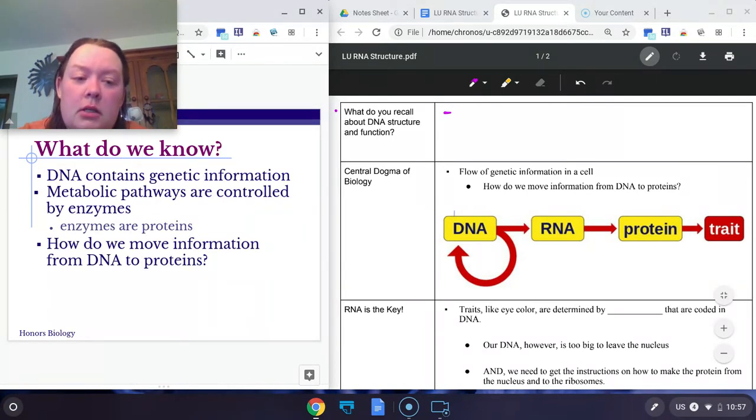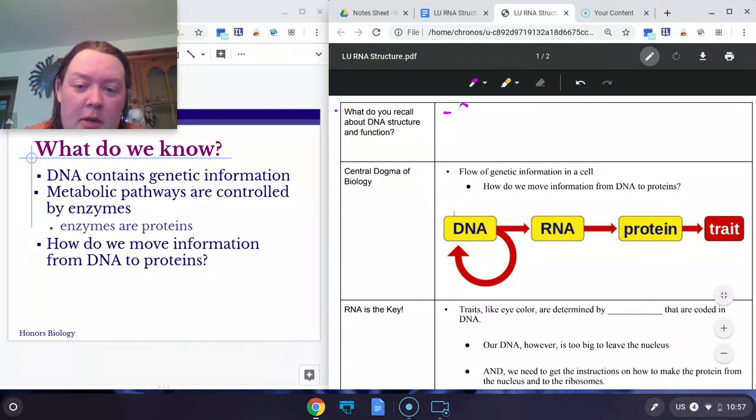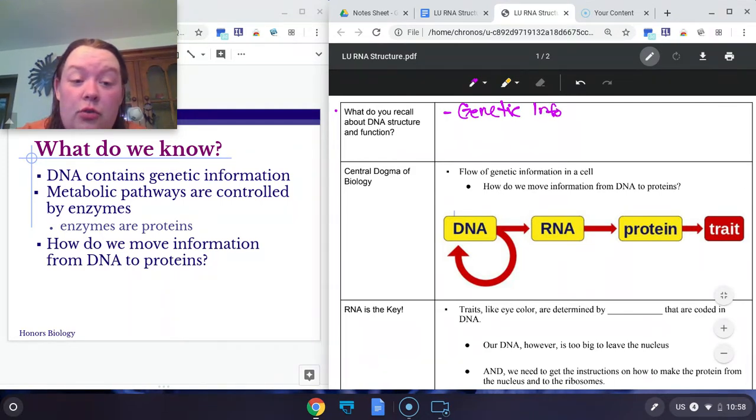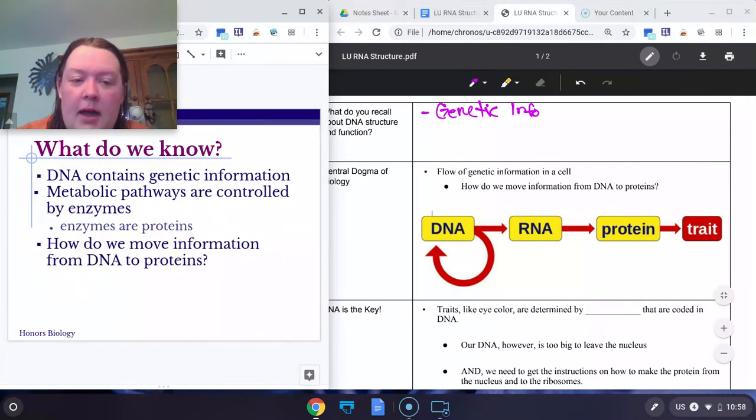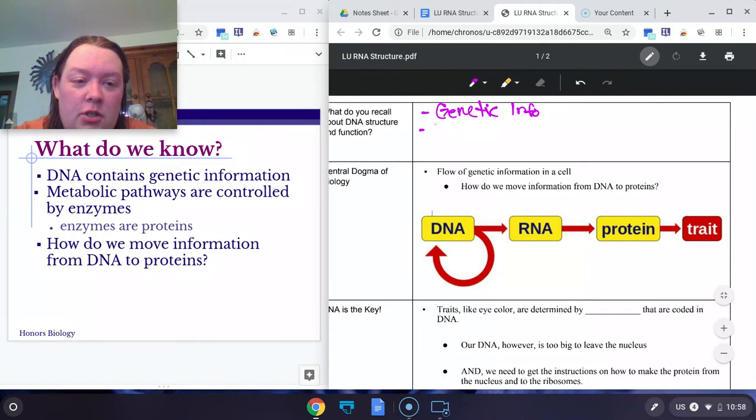DNA contains genetic information. Metabolic pathways are controlled by enzymes, and enzymes are proteins. And we know that DNA is responsible for passing genes on to offspring, which is heredity.